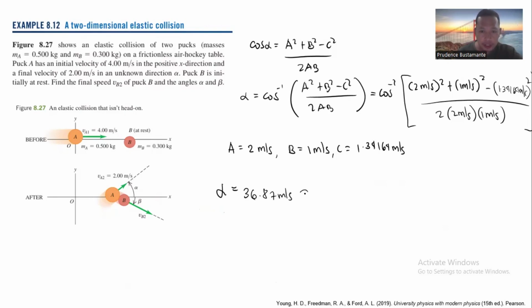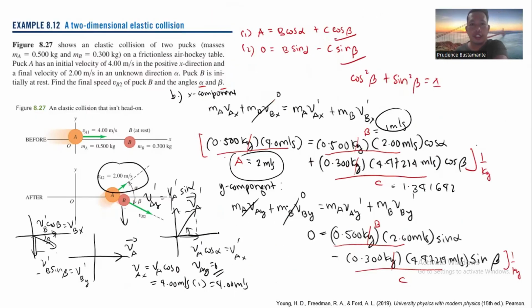In three significant figures, this is equal to 36.9 degrees.